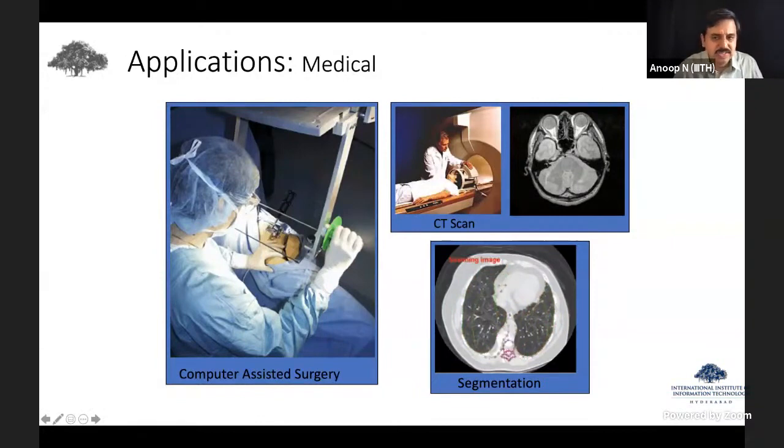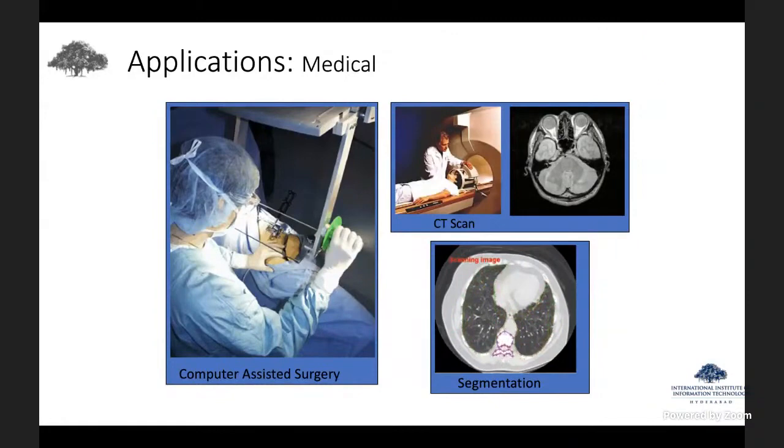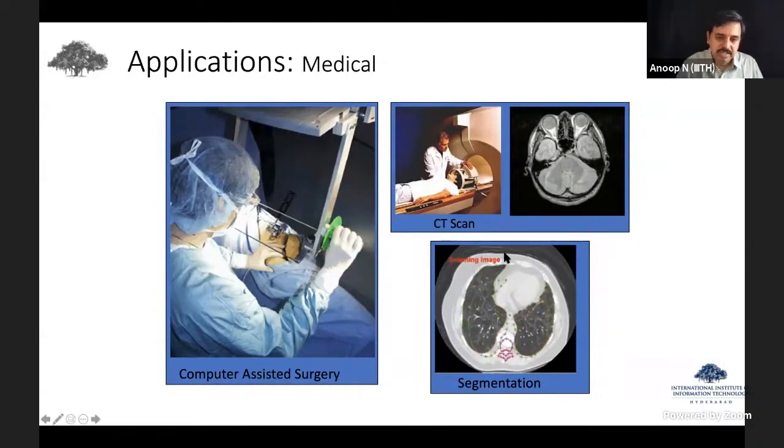Then there is the CT scan, which is actually a computer processed version of the data. You get a whole bunch of integrated images along different axes, and you need to combine all that to create this 3D model. Then there is automatic image segmentation. This is the cross section of your lungs.